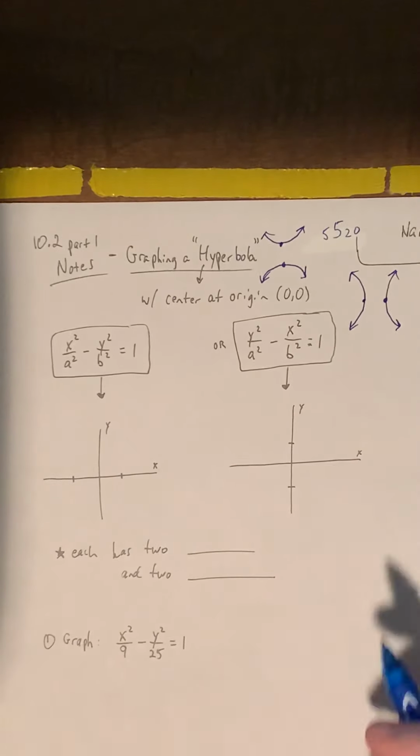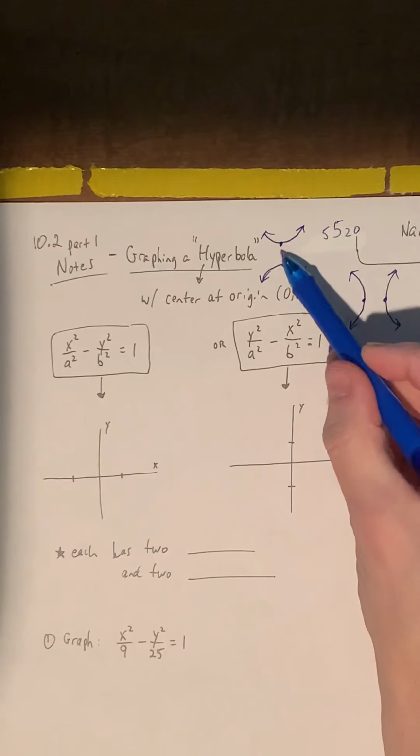Okay, so that's basically what most basic hyperbolas look like on a graph. There are some exceptions and it could change and be facing a different direction. But for right now here in 10.2 part 1, that's how they're going to look, okay?